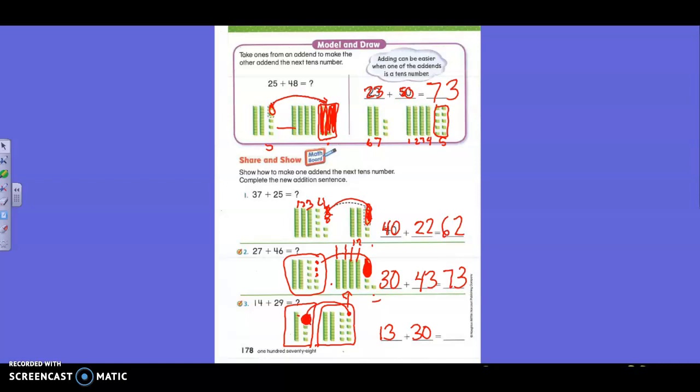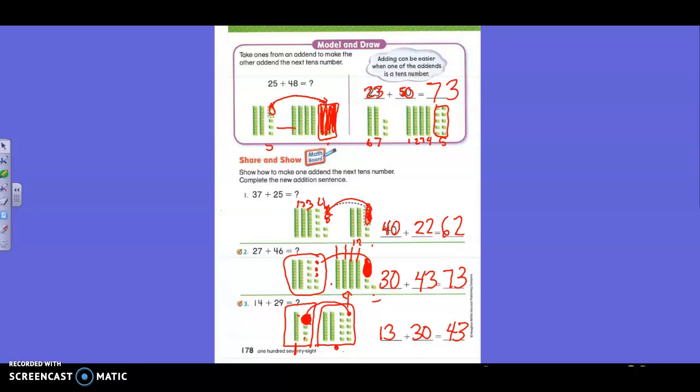Now, I always start with the one that has the 0. 30. Add another 10, which would be 40, and then your ones. How many ones do you have left over, guys? 3. 43. I kind of get this now.